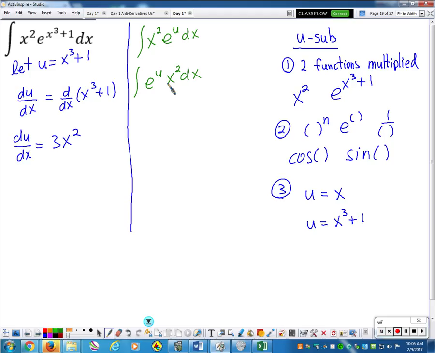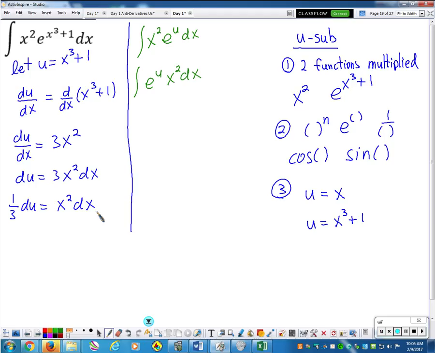Lexi, please. So then you take the derivative with respect to x on both sides, and I say that's going to be du equals 3x squared dx. Go, Landon. Divide by 3. Let's go, Sydney.